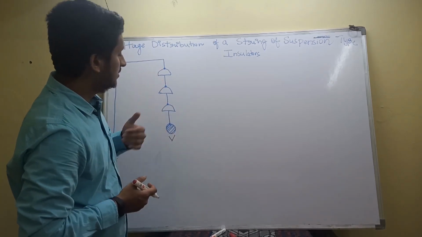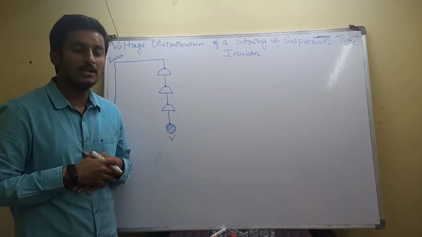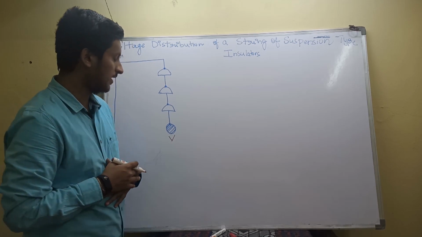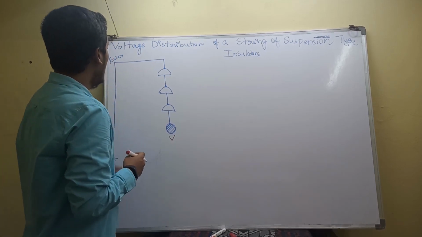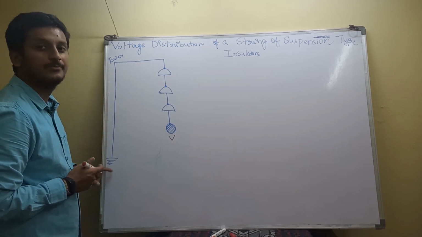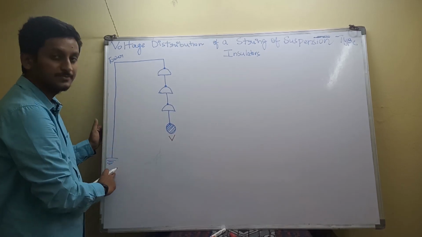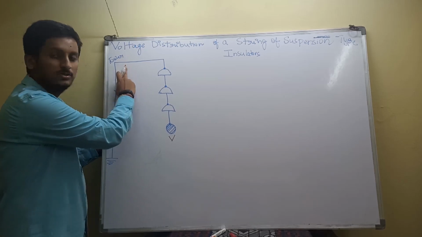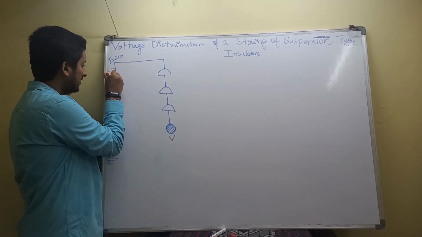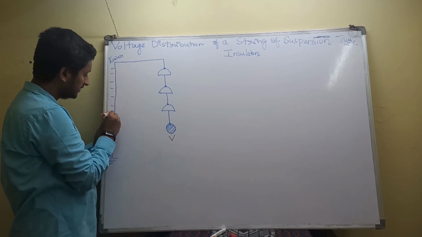Now here there are 3 discs, that means definitely it will be carrying 33 kV. But see what happens is, as the tower is completely grounded, or earthed, we can call it earth also, I can say that this tower is having negative charges in it.